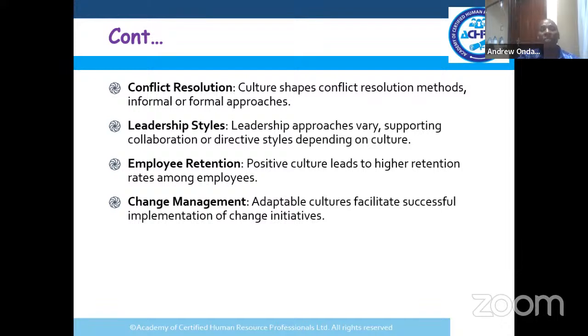On change management, we must facilitate change as HR professionals. And like we have realized, the role of HR management is changing from personnel, which was fairly operational, to more strategic. And as HR managers, we are also change agents.